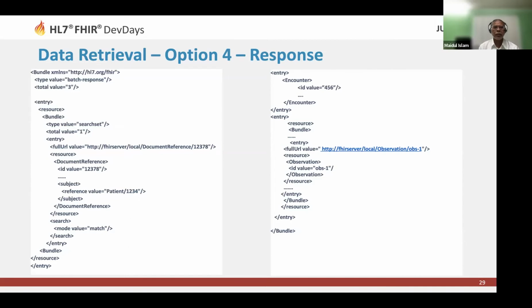And similarly on the right side, if you have a matching observation, it is all the matching observations for the encounter, and then you represent it as a bundle and send all the responses back with a batch response.